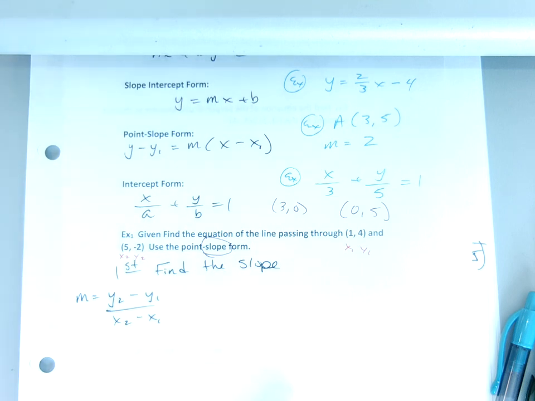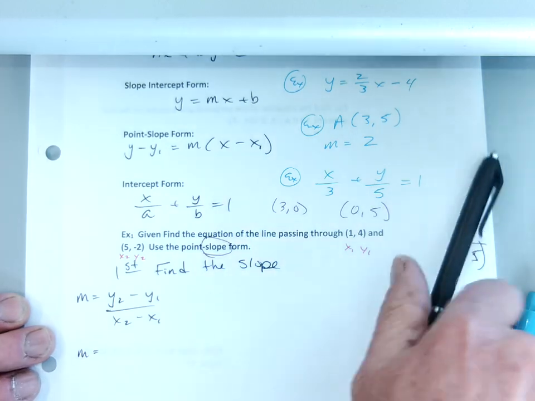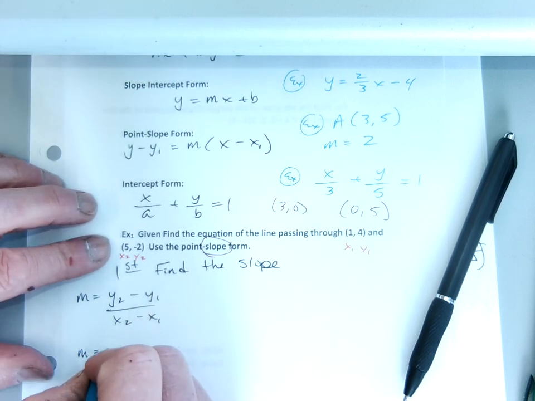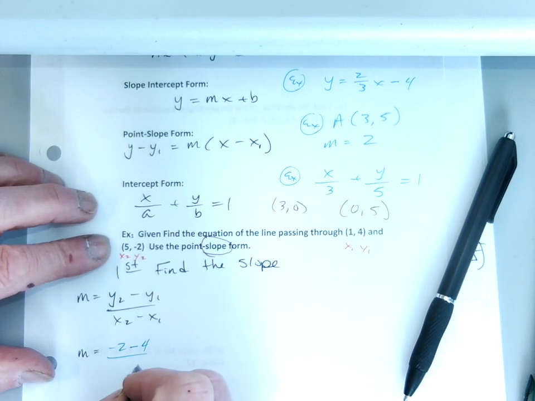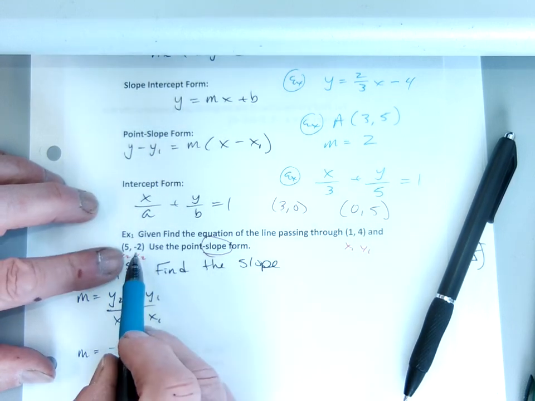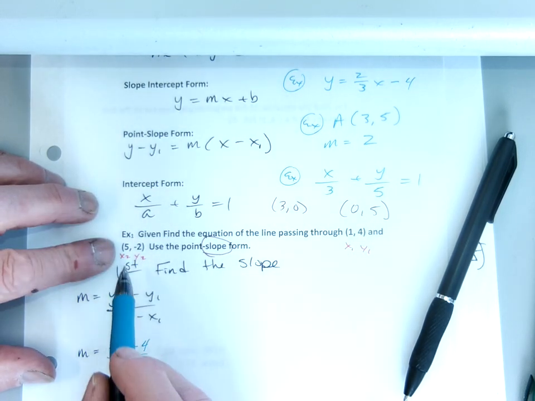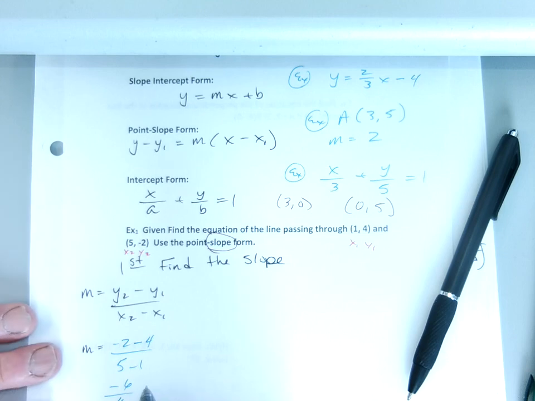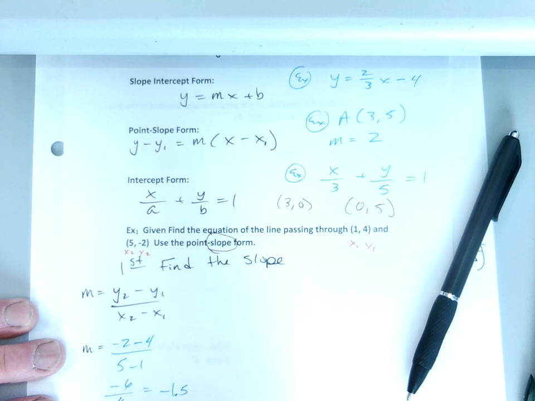So the slope here would be negative 2 minus 4 over 5 minus 1. That would be negative 6 over 4, which is negative 1.5 or negative 3/2.